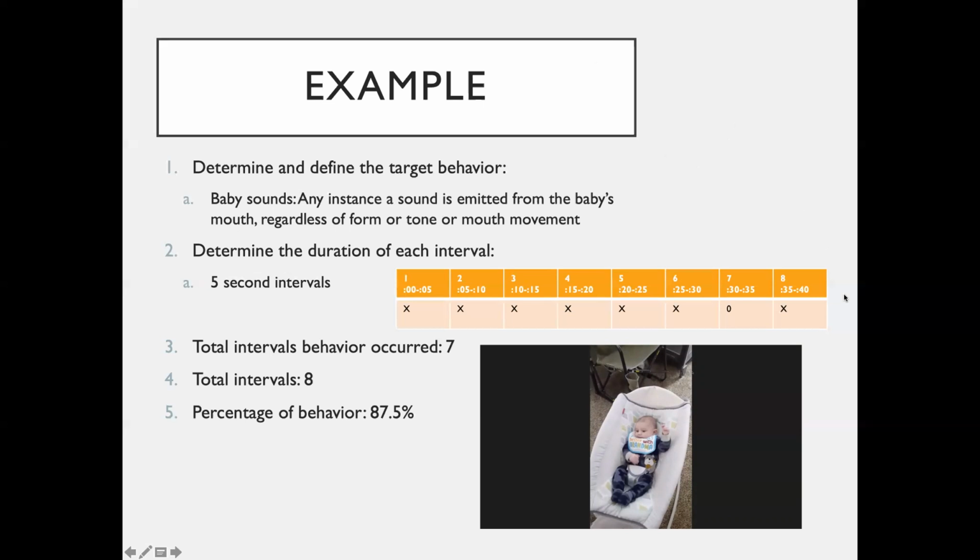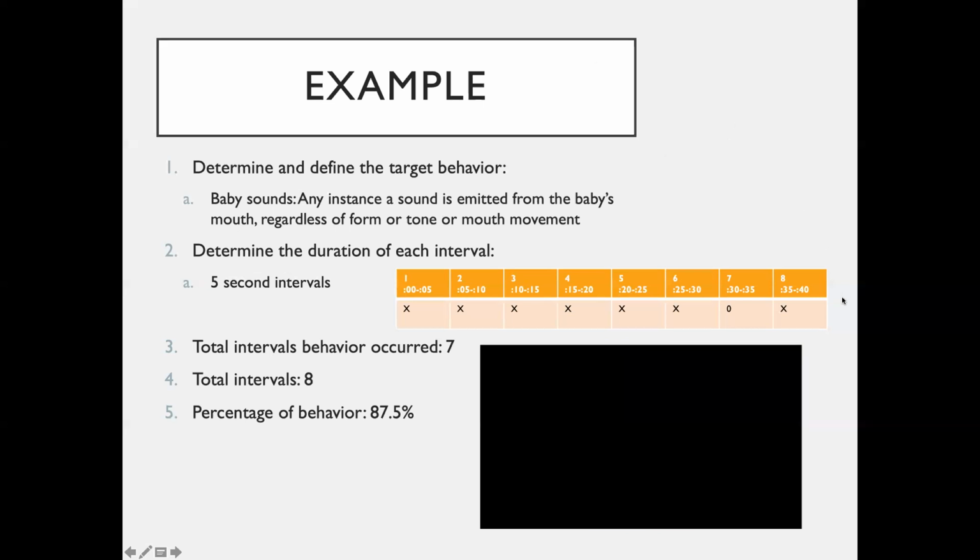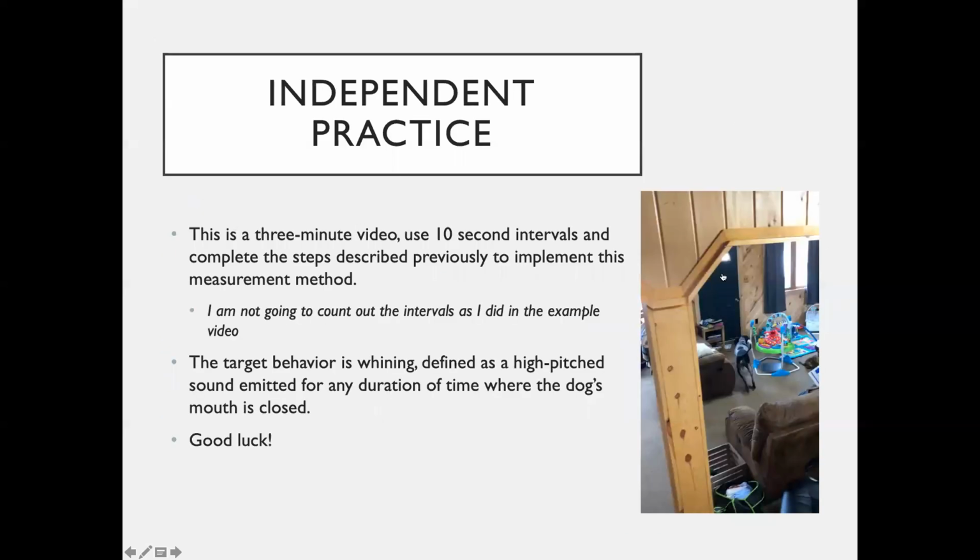So after using that example and seeing how it's done, I am going to set you free on your own independent practice. This video is a little bit longer. It's a 3-minute video, and use 10-second intervals to record the data. Complete the steps previously described, so you should have an idea of how to go about doing this.